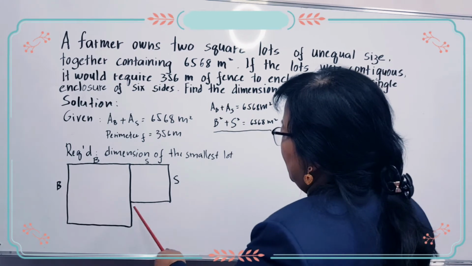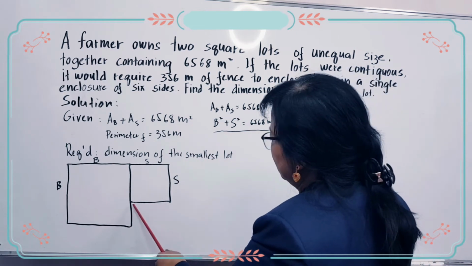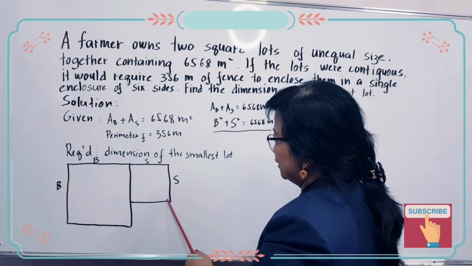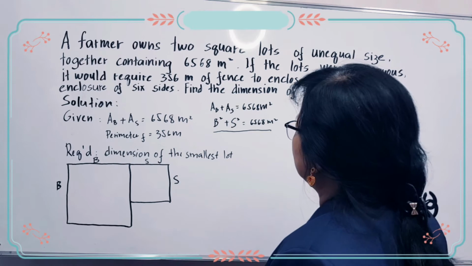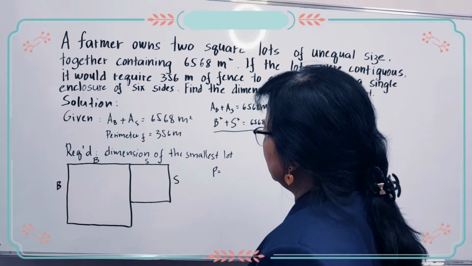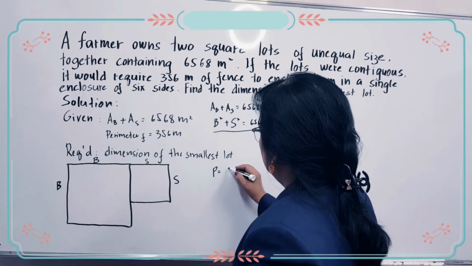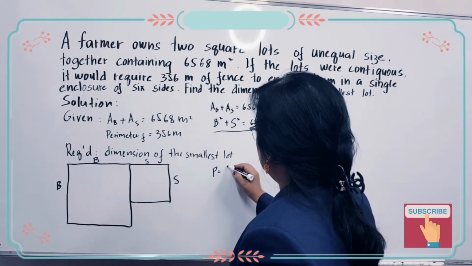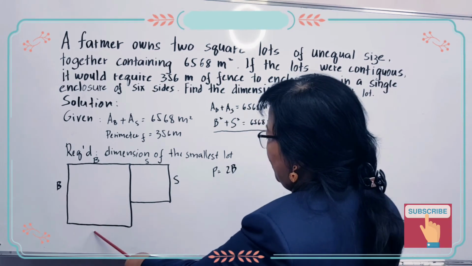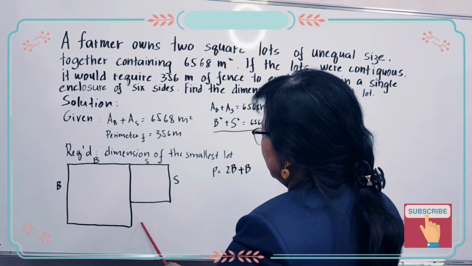Now, we have the given perimeter, which is 356 meters of fence to enclose. That means going this side until here, until there, the perimeter is 356. So, the perimeter is equal to, we start from here, B, 2B because they are the same, plus another B, plus this one. What is this one?